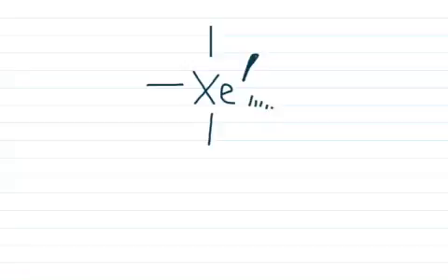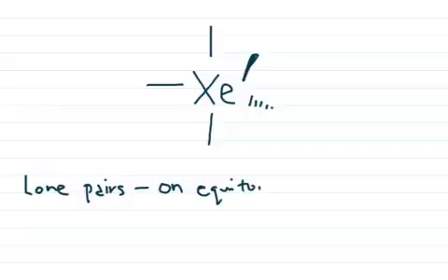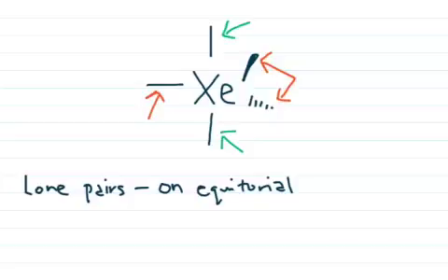Now, one thing that's unique about trigonal bipyramidals is that the lone pairs have to be on the equatorial. If you remember, our equatorials are this line here and our wedges. Our axials are these lines right here. So let's draw our lone pairs on the equatorial.